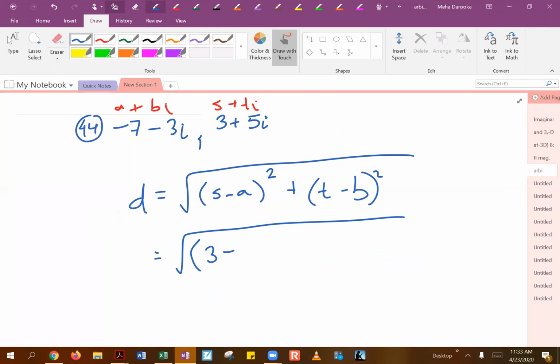A is -7. So just make sure you have two negative signs in this first part, plus t is 5 minus, and you'll notice b is also -3, right? Yeah. So again, we should have two negative signs in our second part here.